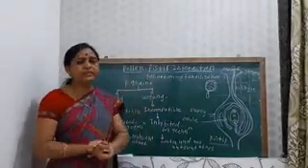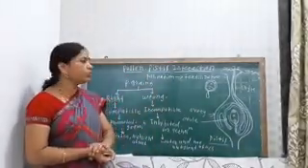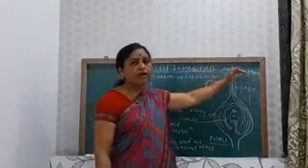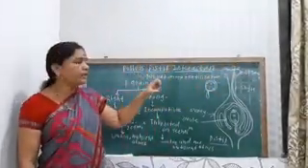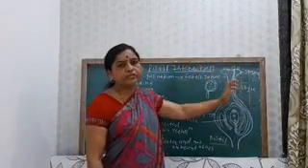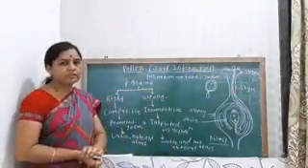During the pollen pistil interaction, we have seen how the pollen grain falls on the stigma, and only the right type of pollen grain germinates on the stigma.